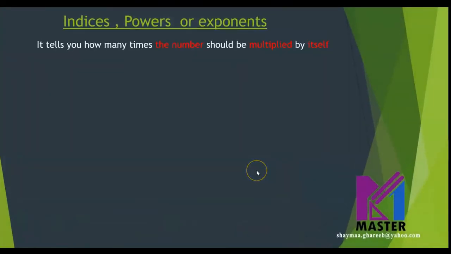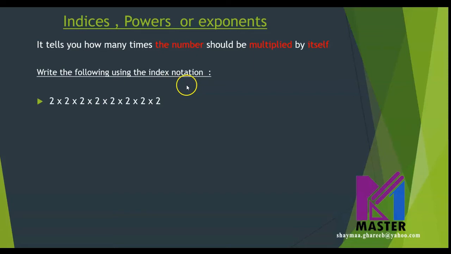Now, let's see more examples. Look at this question here. Write the following using the index notation, which means the index format or the powers or the exponents format. In this question, I don't ask about the value. I'm just asking about the index notation or the index format. I will give you the multiplication sentence like this, and I will ask you to give me the index notation.